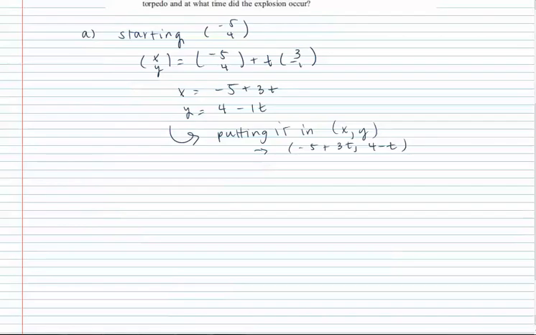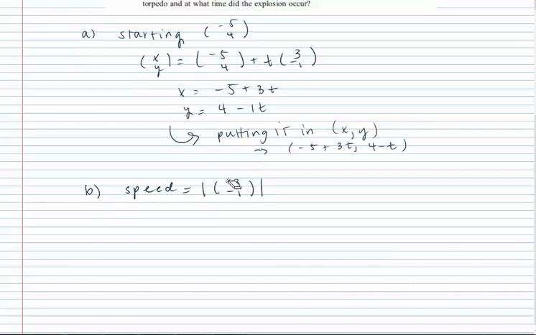Okay, we're going to letter B. What is the speed of P torpedo? To find the speed, we have to consider the velocity vector (3, -1).